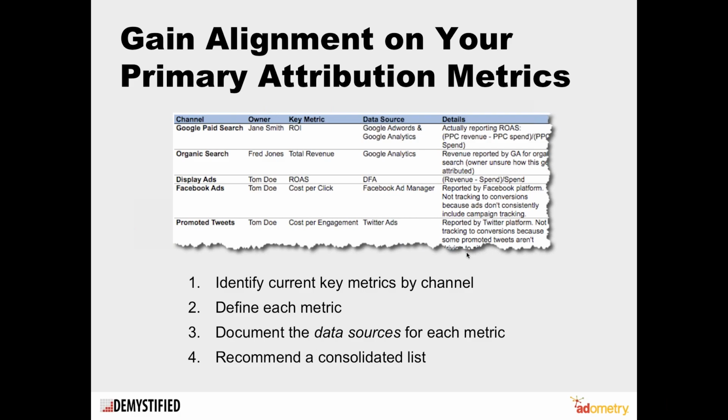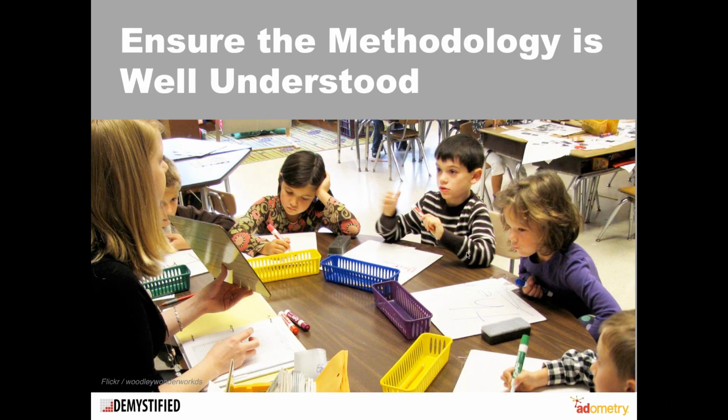But what you're trying to head off is, at the end of the day, you roll out your first report of results from the program, and you say, this is kind of what we're seeing. And if somebody, the paid search says, well, that's not the metric we use, you've kind of dug yourself a hole at that point. So this is getting alignment, that everybody's on the same page of, with this program, we're using the most appropriate attribution metric that will work across those channels.